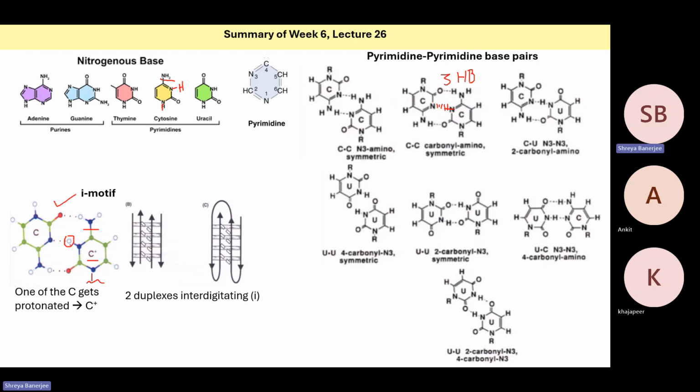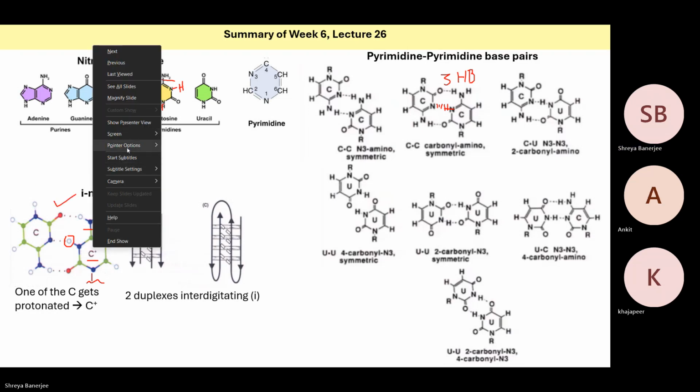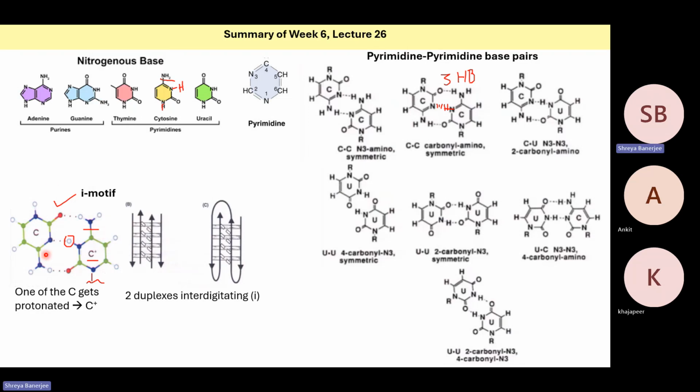Due to the addition of this extra hydrogen, 3 hydrogen bonds are forming, and so C+C is stronger than CC because of the presence of this third hydrogen bond. We will discuss these kinds of structures in the upcoming slides, where multiple base pairs can stack on top of each other. So that I'll come to in the next slide.